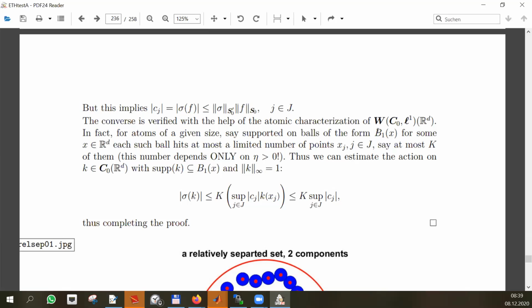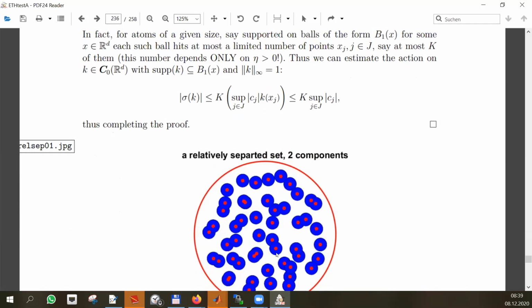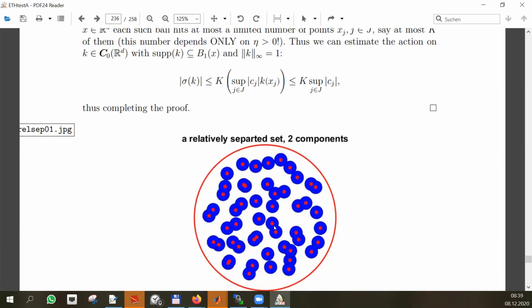So think of R2 and think that your psi j functions are all supported in a circle of a fixed radius. Now, if you have a discrete measure, which has bounded coefficients and is living on these points, on the red points, and somebody comes with an atom, it will be concentrated in one of those red circles.